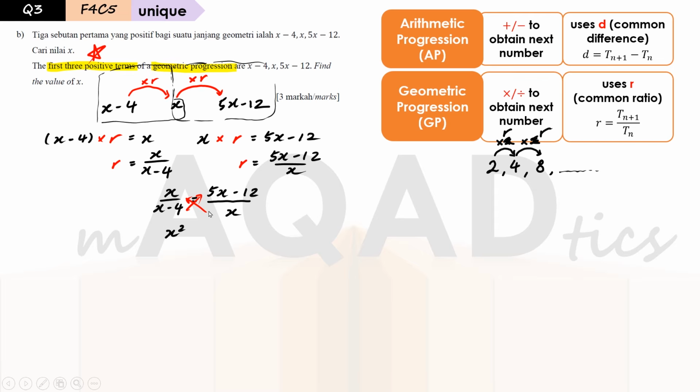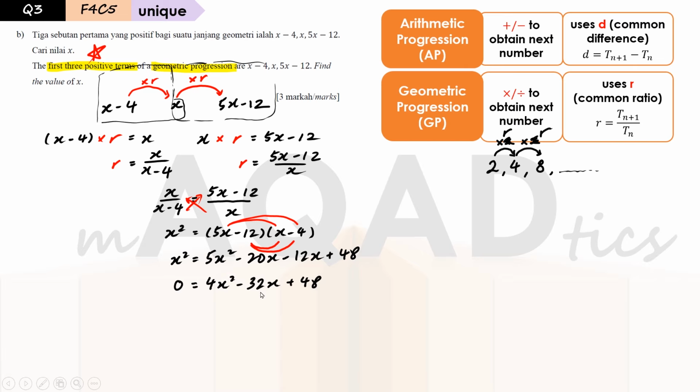On the left side it will be x times x, which is x squared, and on the right side it would be these two values multiplied together. So we just cross multiply: 5x multiplied with x, 5x multiplied with negative 4, negative 12 multiplied with x, and negative 12 multiplied with negative 4. We simplify this part of the equation: negative 20x, negative 12x. Add them together and it will be 32.